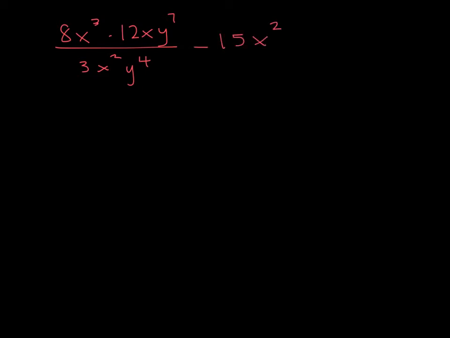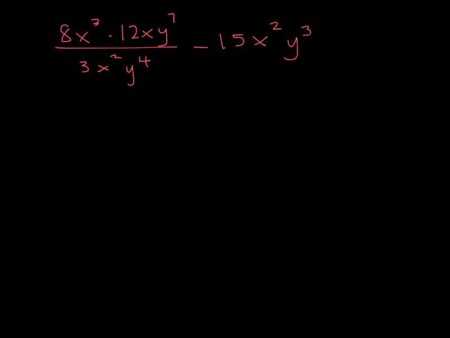Another problem that I answered several questions about in class today was number 10 on that same review, which was 8x cubed times 12xy to the 7th over 3x squared y to the 4th, and then that was minus 15x squared y to the 3rd.